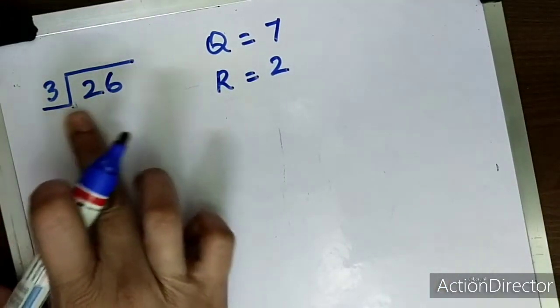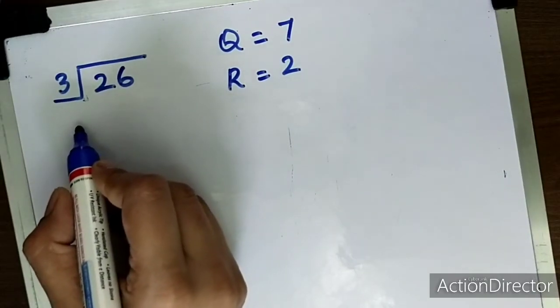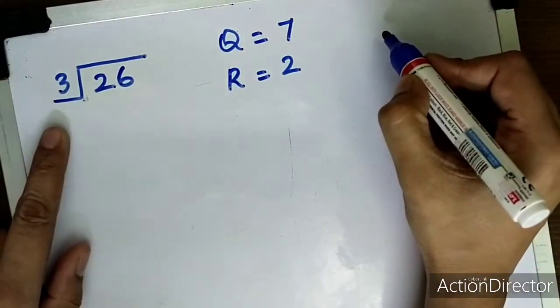First we'll do the long division. What table are we going to use?